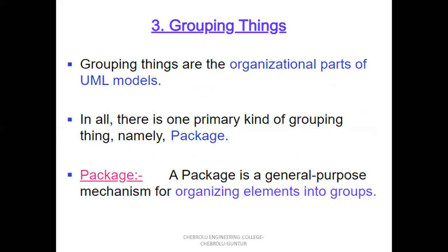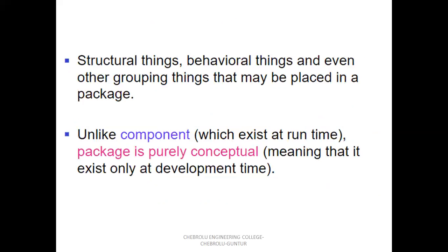Grouping things are the organizational parts of the UML model. In all, there is only one primary kind of grouping thing, namely the package. A package is a general purpose mechanism for organizing all the elements into groups. The elements may be structural things or behavioral things. All the elements grouped together are called a package.